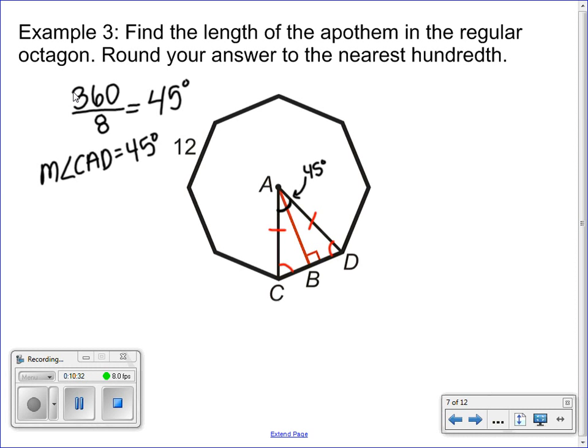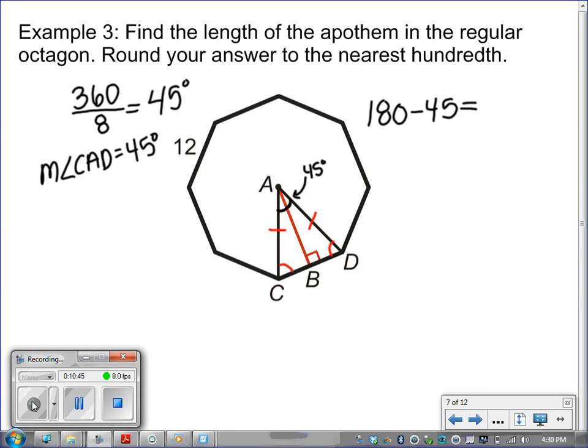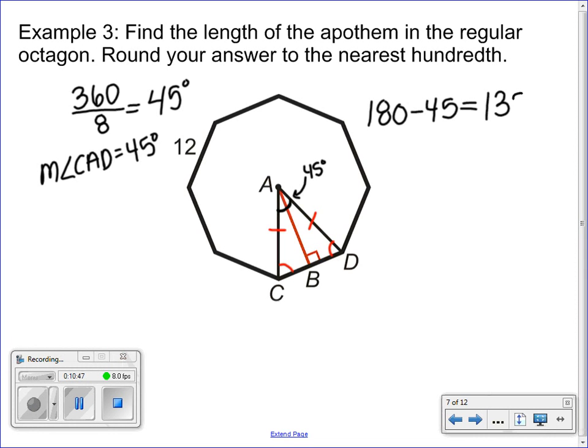Since triangles add up to be 180, I'm going to take 180, subtract 45, and take that answer and divide it by 2. I get 135. Again, we divide it by 2 since it's being split up with two angles. To get that angle C and D are 67.5 degrees.